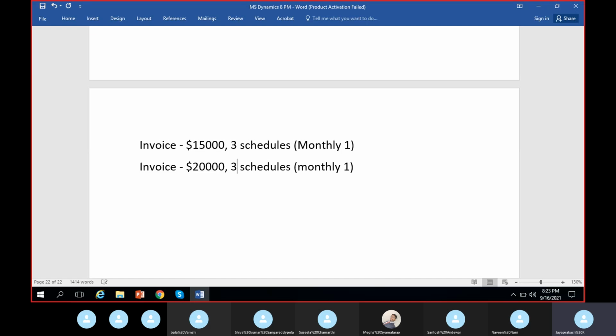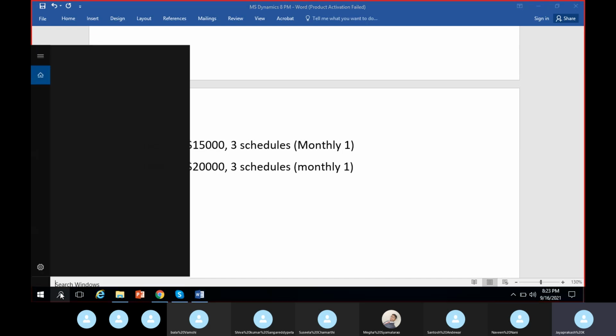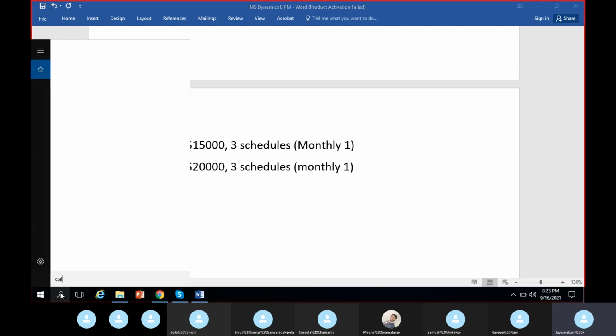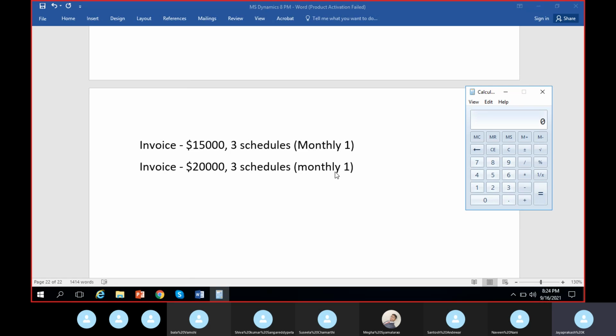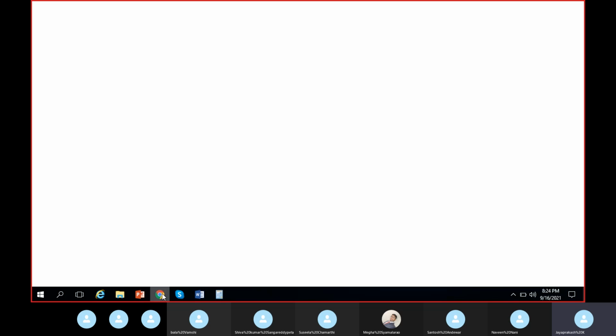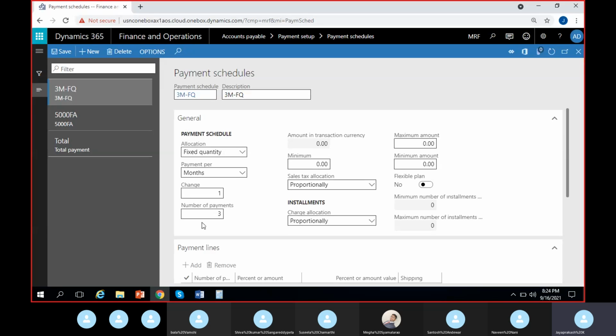Suppose 20,000 is there, 20,000 divided by 3, if I calculate that, you will pay 6,666.67 every month. Exactly, if I apply 3 schedules on the 20,000 invoice. So that's how the fixed quantity method works.